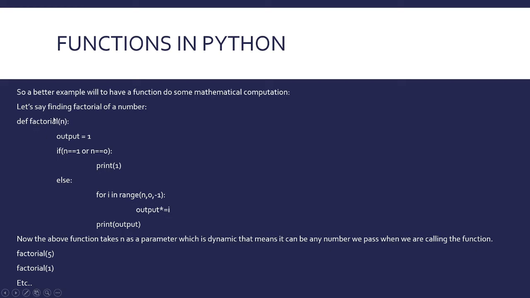But if we define this inside a function, we can use this code many times without even writing it. We just have to call the function with the function name and pass our parameter. At any time we can pass any parameter and run this function with any value. So this is a better example of a function.